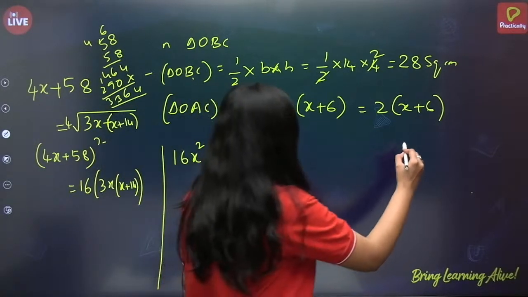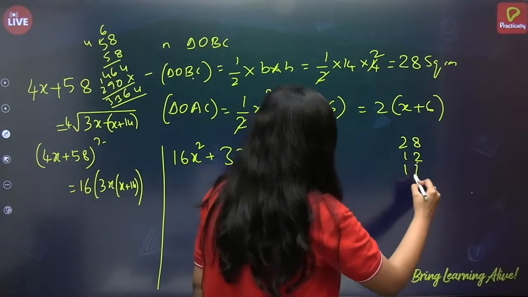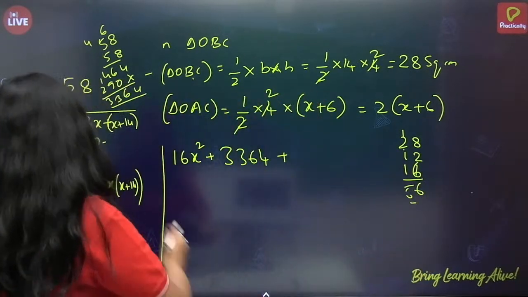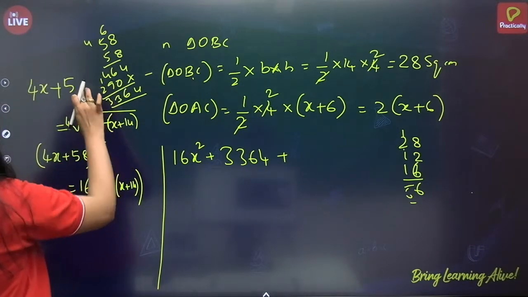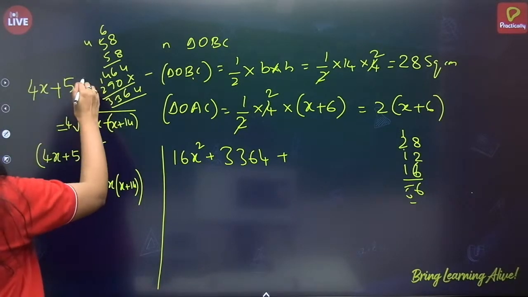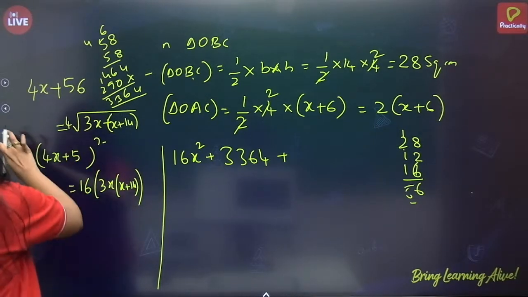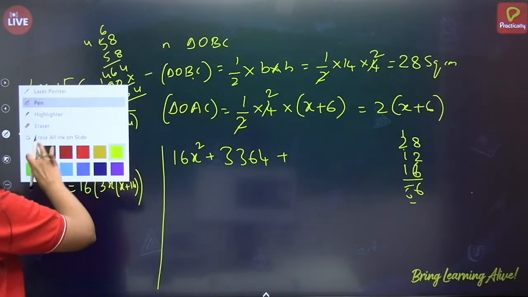Okay, let us see. 28 plus 28, right? Yeah, I'm so sorry. It is 56. Yes. So we have made some calculation mistake. 56. Okay, now again.